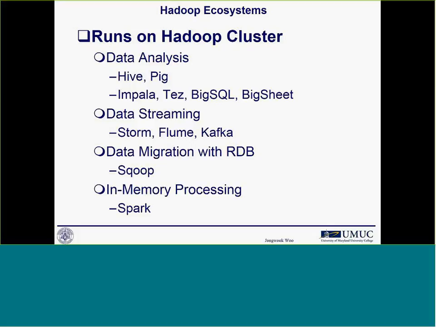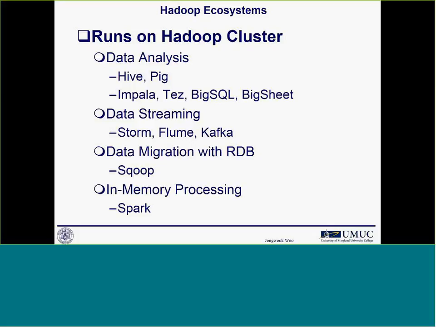Similarly, Pig has a script language that is simple for analyzing data as well. Basically, Hive and Pig automatically convert their code to MapReduce jobs. So you can save your time to write code and to process it.